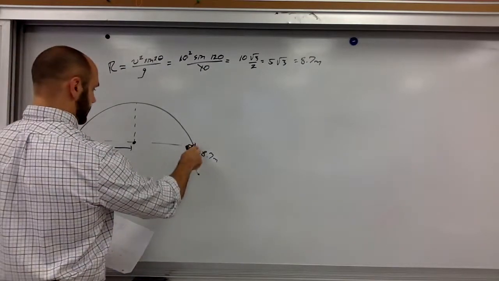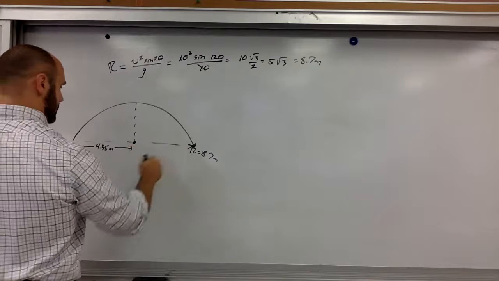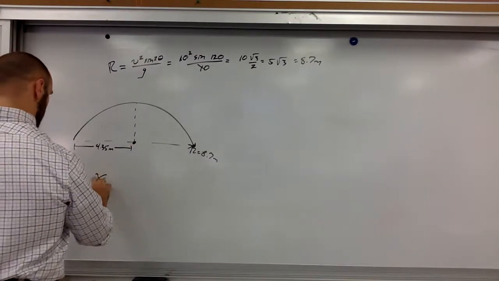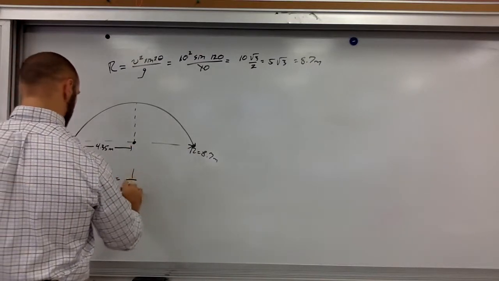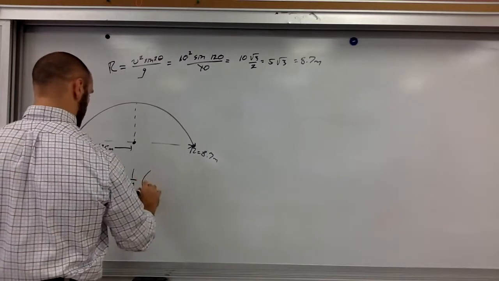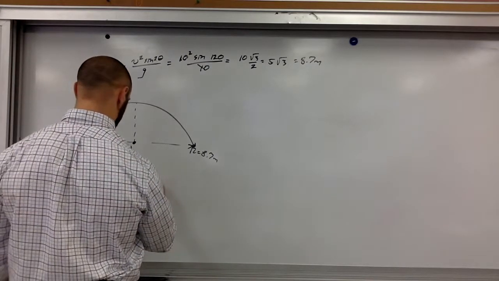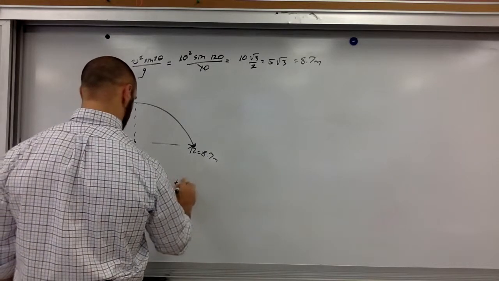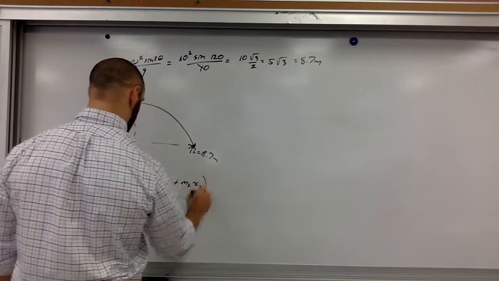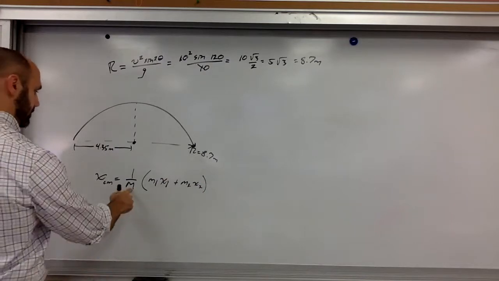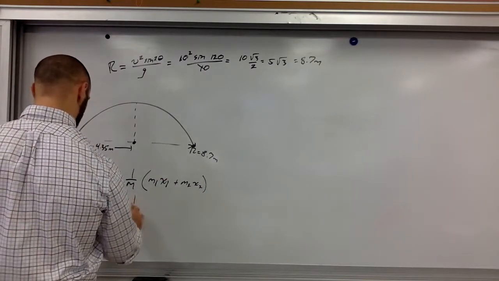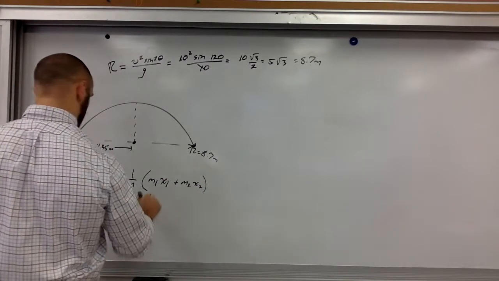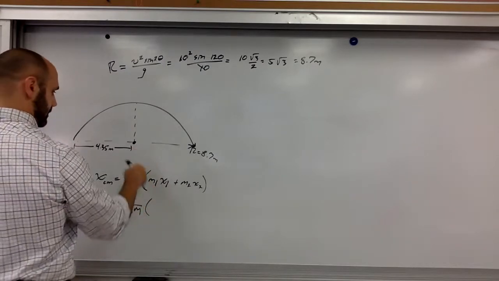So if this is where the center of mass is, looking at the equation this way, right? X center of mass is 1 over big M, and then adding up each of these locations, right? m1 x1 plus m2 x2, and that's it. There are only two pieces to this. I know this is 3m, and let's take this to be that piece.